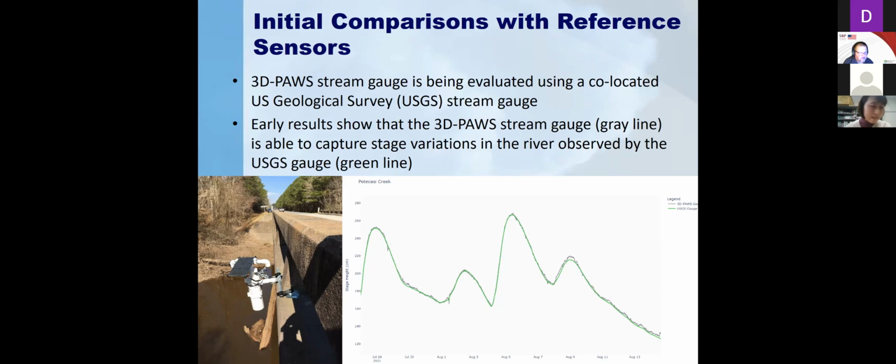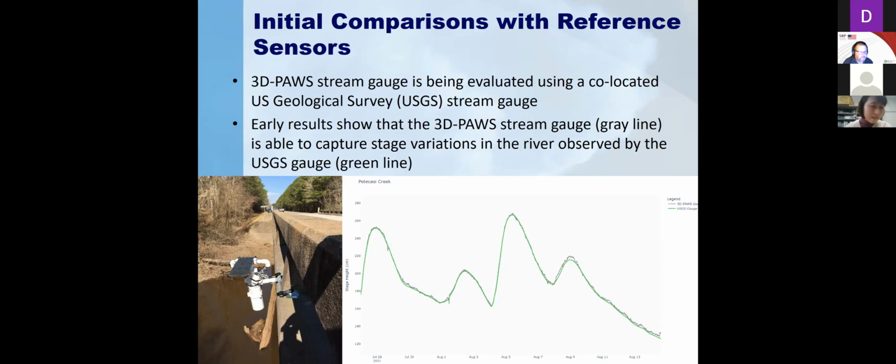You do see some small variations from our gauge itself, but what I consider in this case is that we're actually seeing the higher resolution information of the variations of the river. So we're very happy with the results up to this point, and we're excited to start deploying these in further areas around the world.